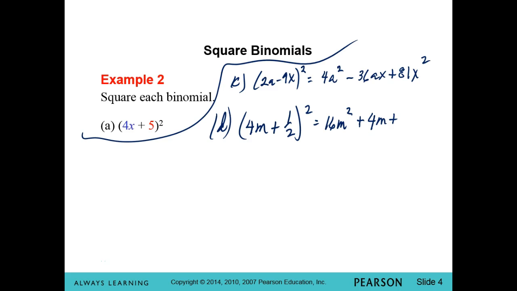How do you multiply fractional forms? Multiply numerators. 1 times 1 is 1. Multiply denominators. 4. 1/4.